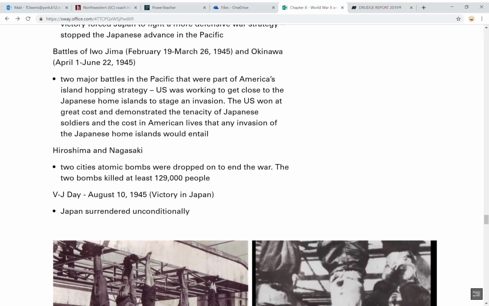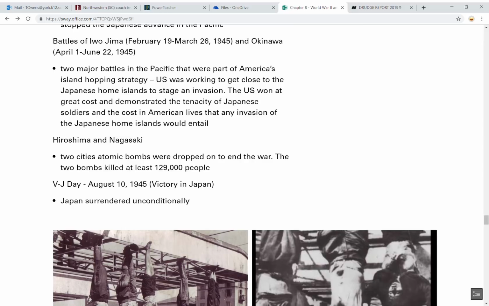The next I have 2 battles here together. I've got Iwo Jima with Okinawa. These are part of the island hopping strategy, okay? And these are 2 major battles, and our point with island hopping is we are just hopping from one island to another to get closer to Japan. We are going to invade Japan.